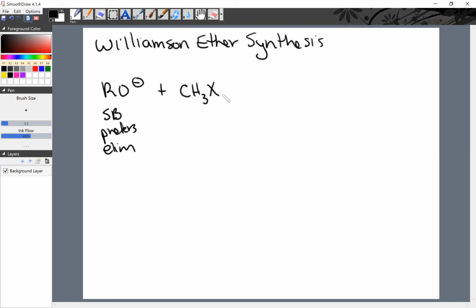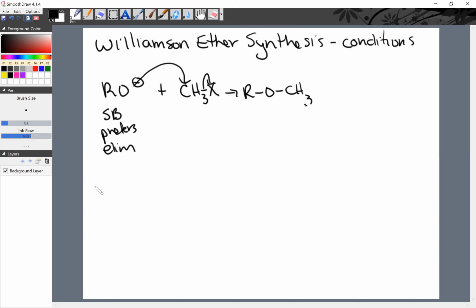There is no hydrogen to rip off for elimination, so the only thing it can do is make the ether. All right, so it manipulates conditions. Not really violating any rules, we're just manipulating.